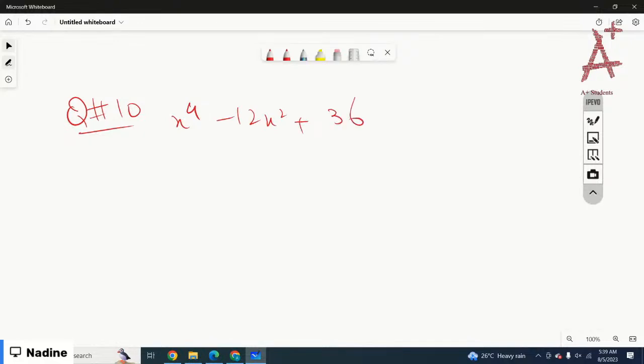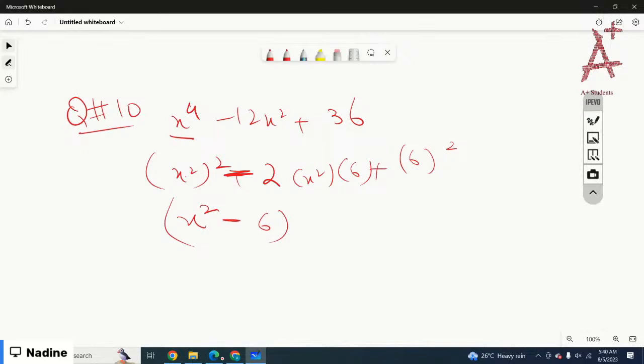Okay, this one is the square of x square, plus this one is the square of 6, right? Then you have minus 2ab, where a is x square and b is 6. So that means this is the perfect square of x square minus 6 whole square, right?